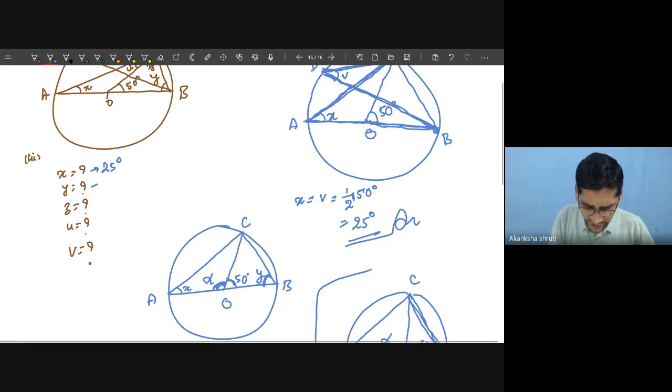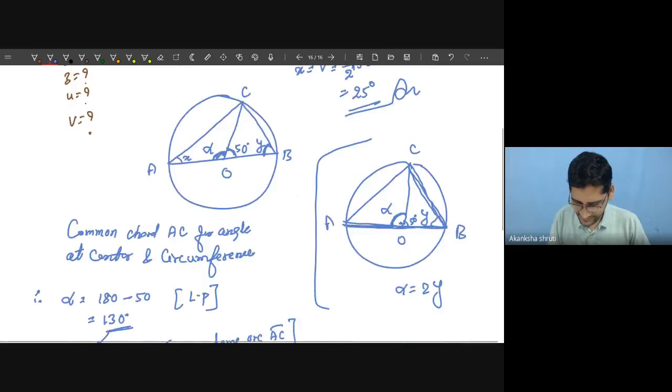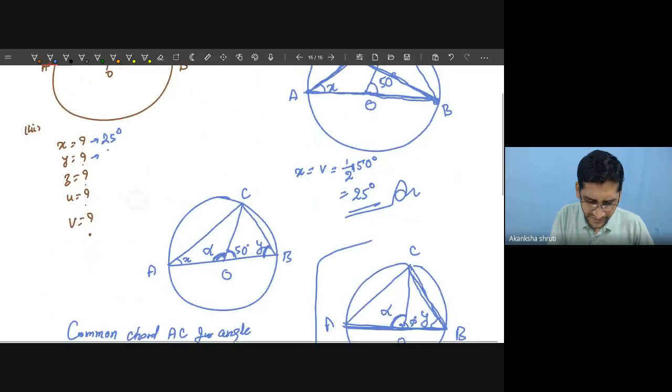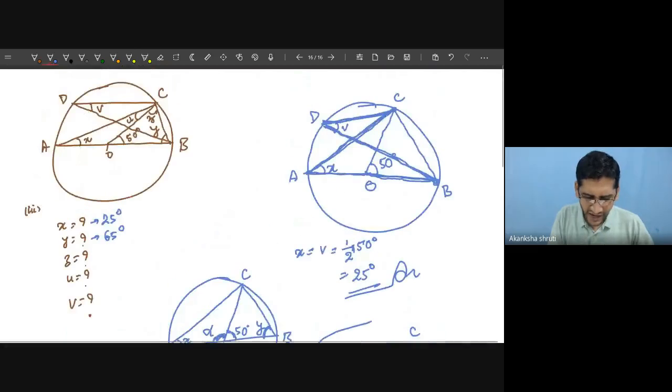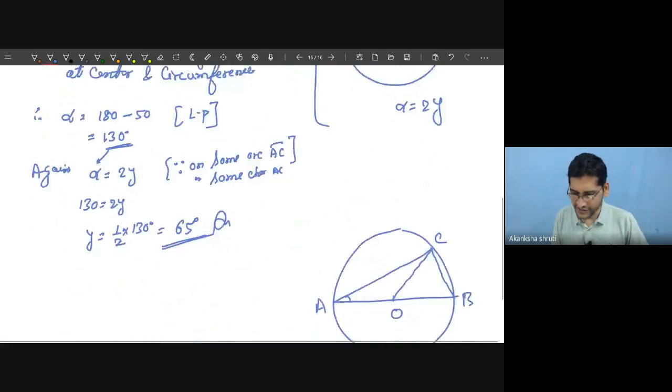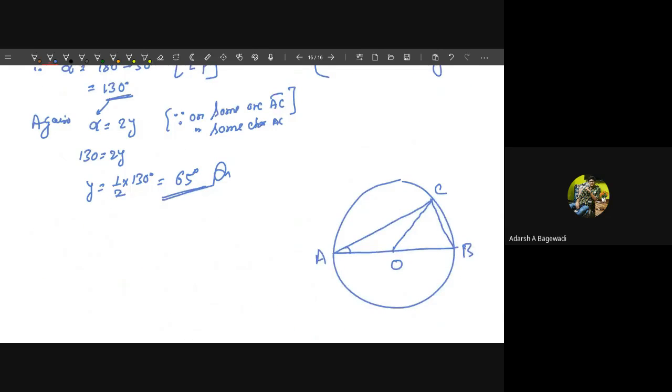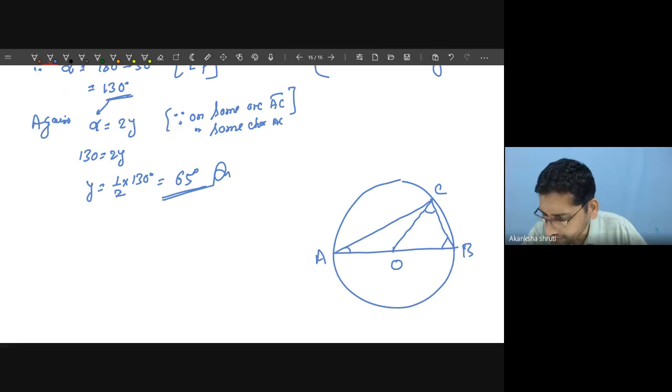Angle Y we have also calculated, 65 degrees. Now let us come to angle Z. Angle Z is equal to 90 minus 25 degrees. That could be the one thing. Or you may directly consider both of these are radius.